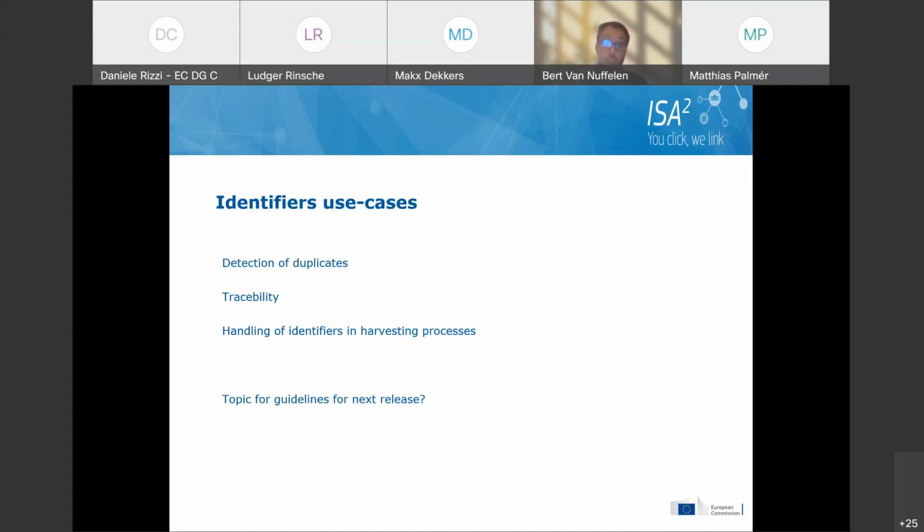So, should we act on the two issues and give a change to one of the two, or consider the whole topic of identifiers in a broader context and address it in a guideline for the next release?